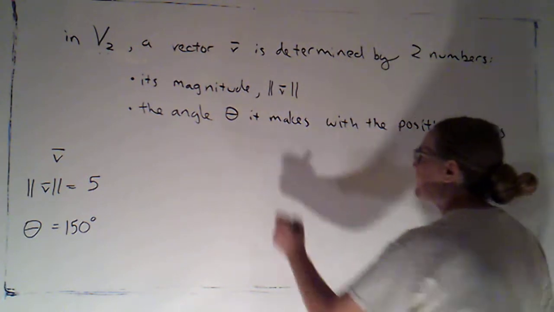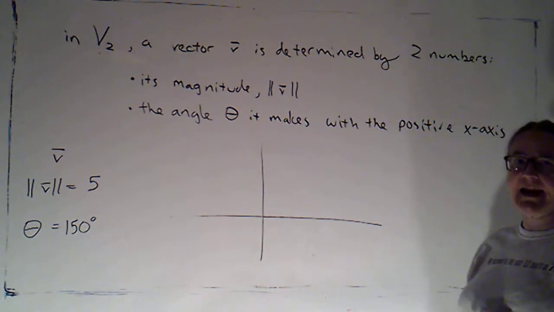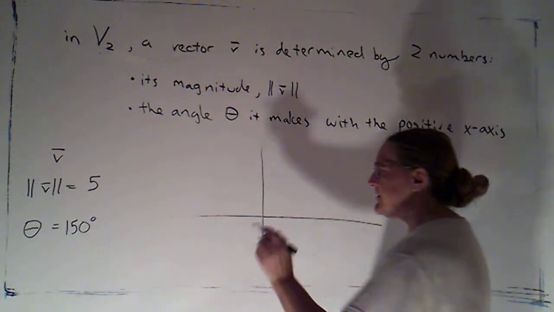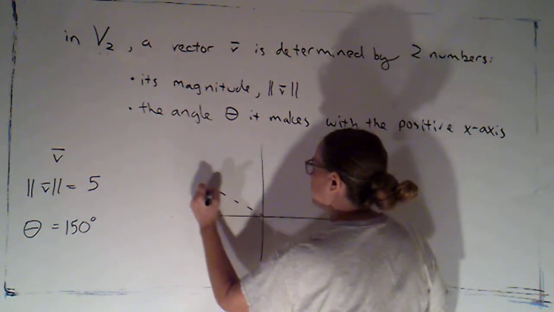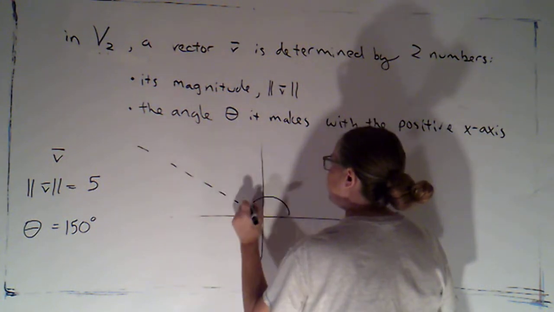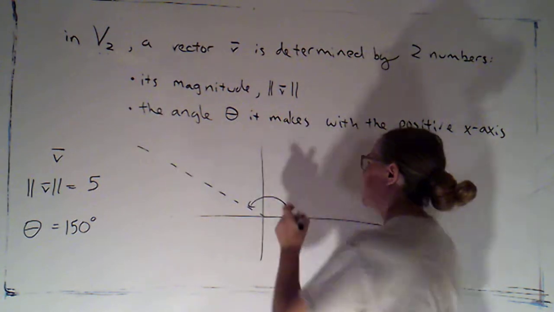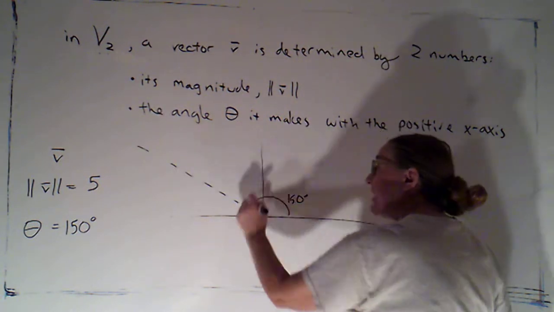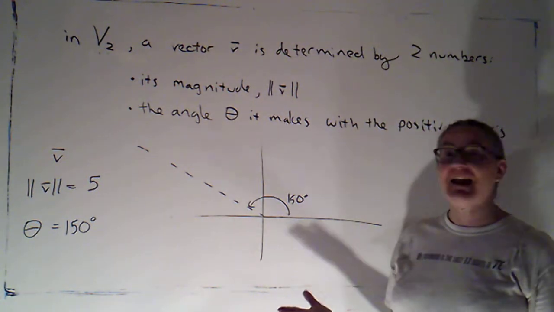Okay, so let's see. I'm going to draw v in standard position. Now, if the angle it makes with the positive x-axis is 150 degrees, I know that v has to point in this direction. So that one angle determines the one direction that I have.